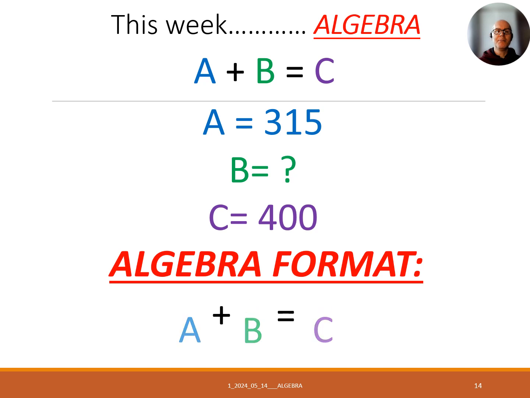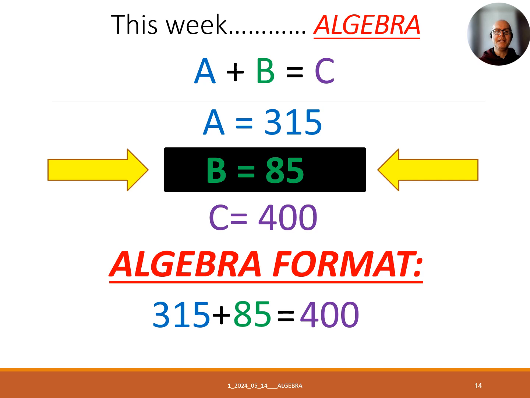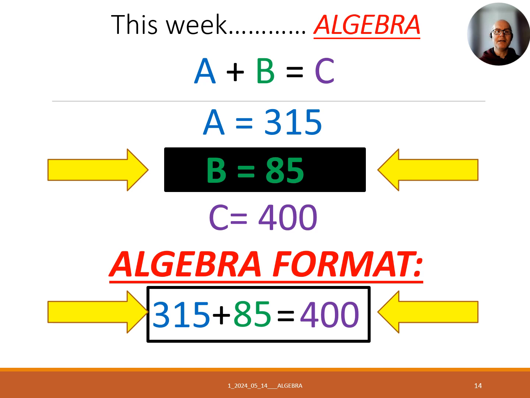We're looking for b. 85 plus what number equals 400? So again, as with the previous example, it's 85. So b would be 85. It doesn't matter what letters you're using, it's the number values that the letters represent that is the important thing.